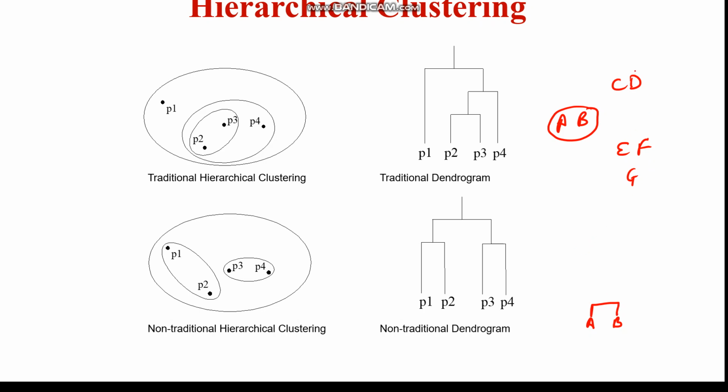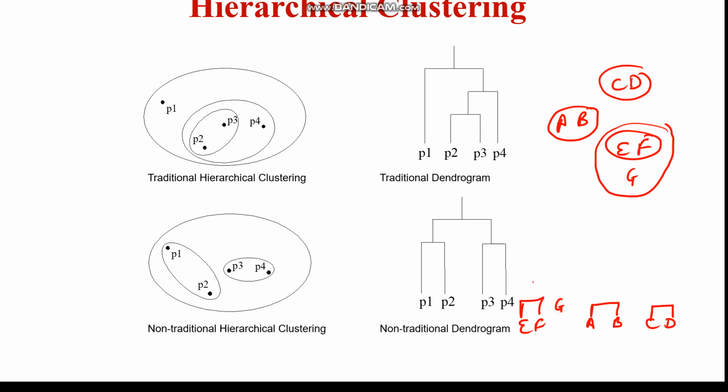In this case, C and D are at the same level, so it will be formed like this, C and D. Similarly, E and F can directly go into one cluster. Now here is G, and we know that G is closest to EF, so we form EFG. The point G is linked with this.